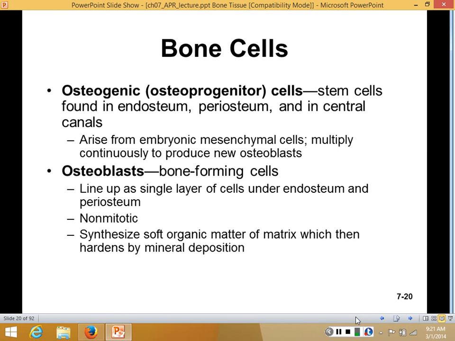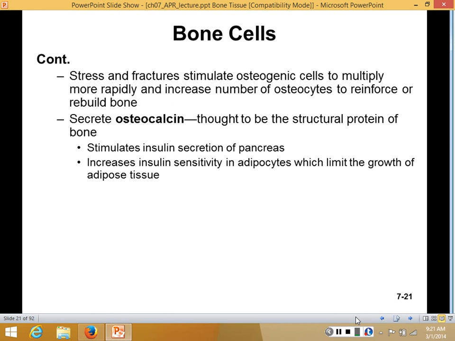There's a hormone associated with the osteoblasts as well. This is something new that they put in this textbook. Of course, it was not in the edition before this one, which is osteocalcin, okay? Responsible for increasing the amount of insulin in the pancreas.